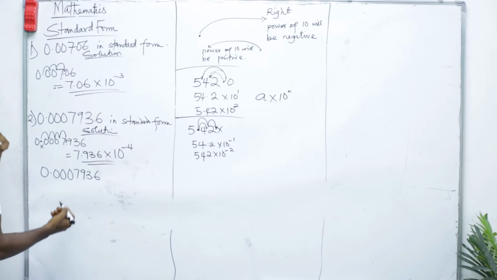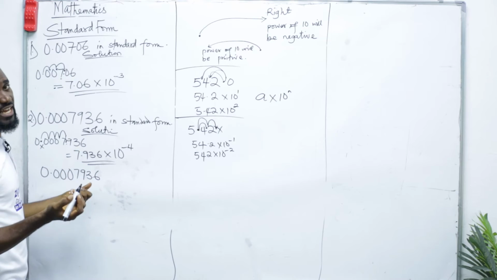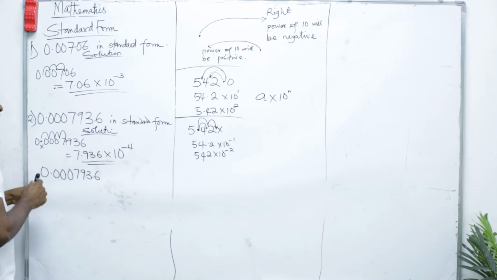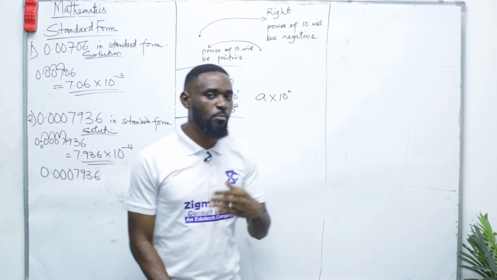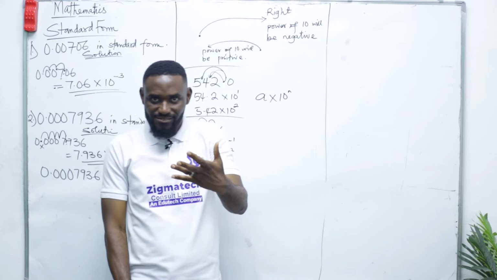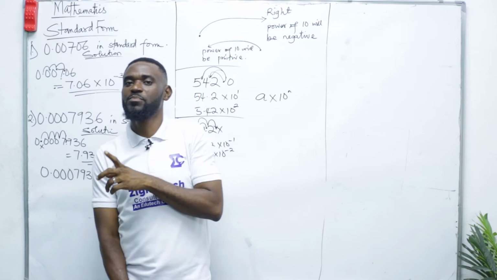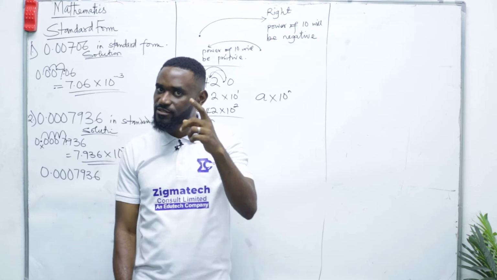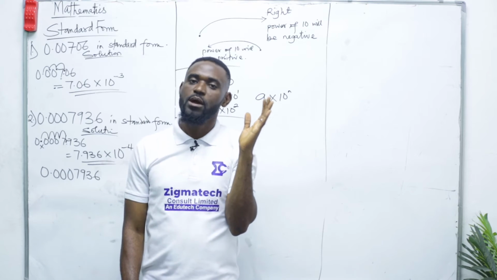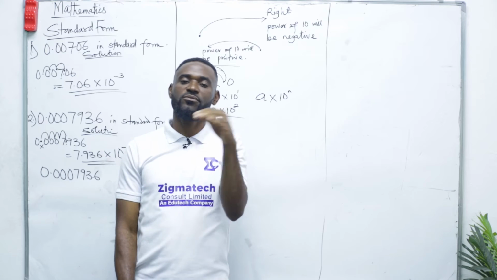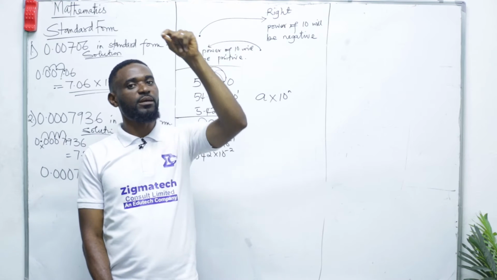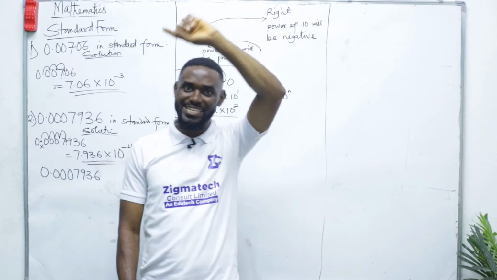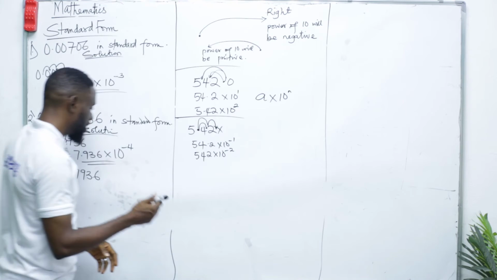Okay, you want to convert it to standard form so that the number will become a tens. You can decide to keep it at the tens or at the 100 or at the 1,000, whichever one you want to use, provided you know how to maneuver the power of 10. That's index. Do you understand the point now? This is what I mean.